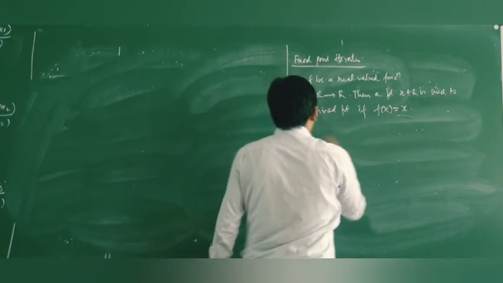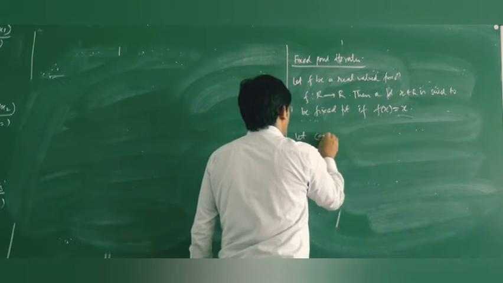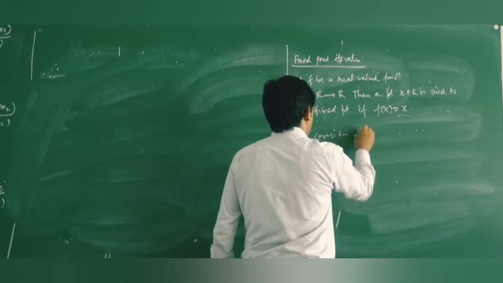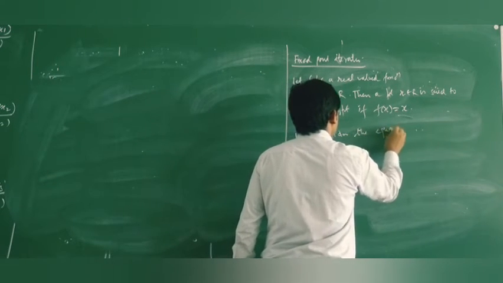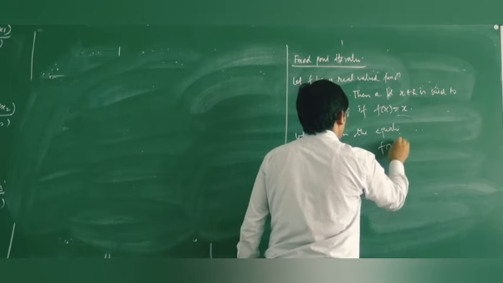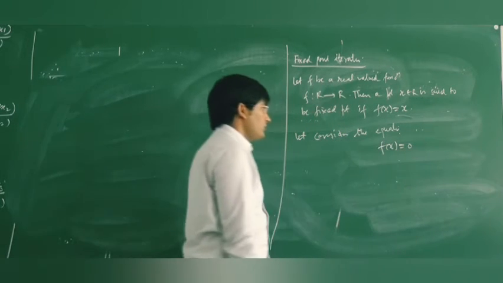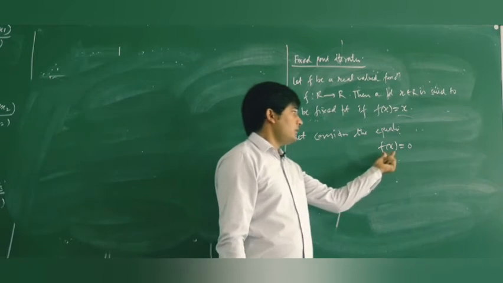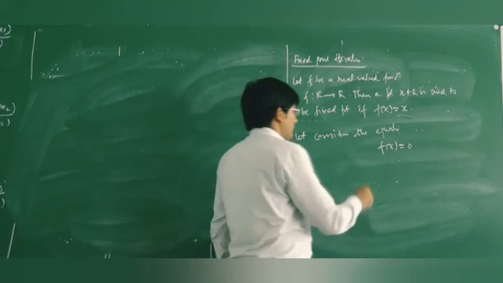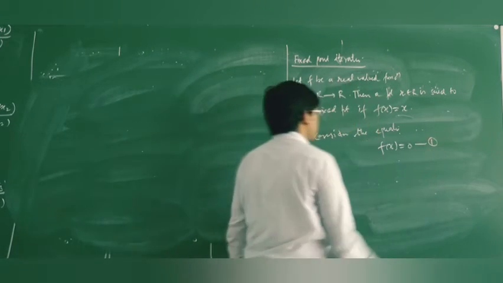Now consider the equation f(x) equal to 0. So here we will find the root of this equation f(x) equal to 0. So this is equation number 1.